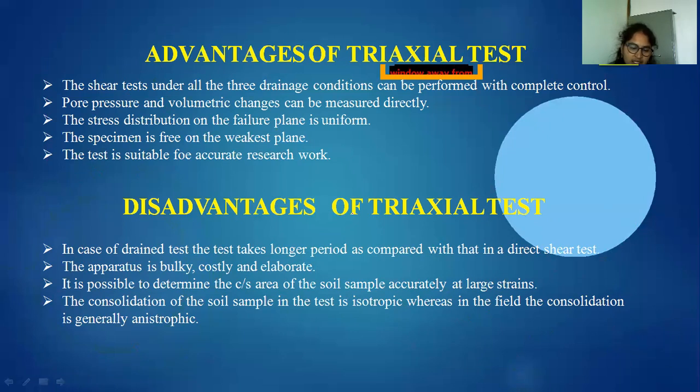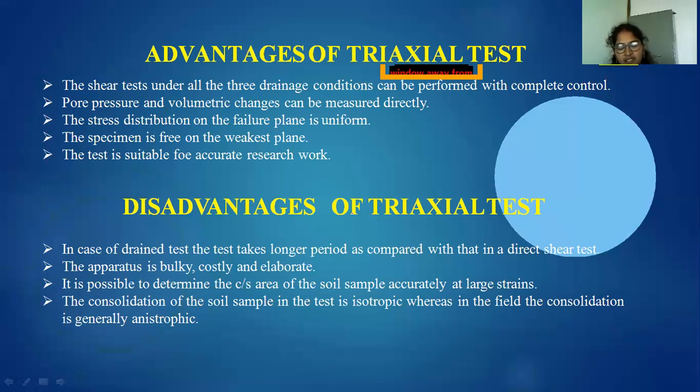And the disadvantages: the apparatus is elaborate, costly and bulky, and the drained test takes a longer period as compared with that in a direct shear test. It is not possible to determine the cross-sectional area of the specimen accurately at large strains.